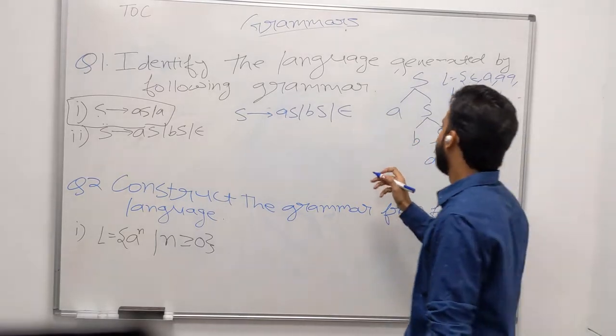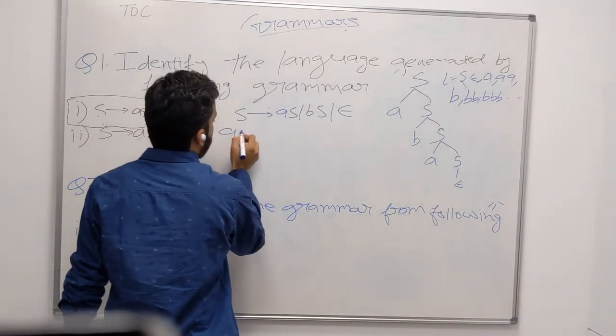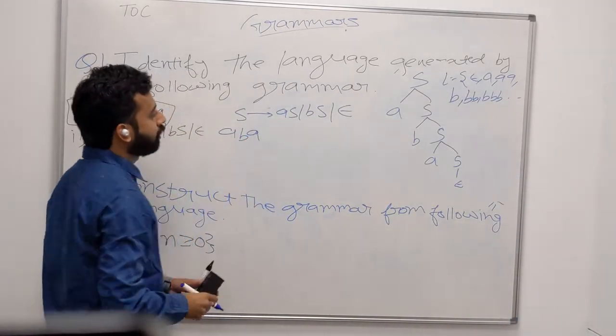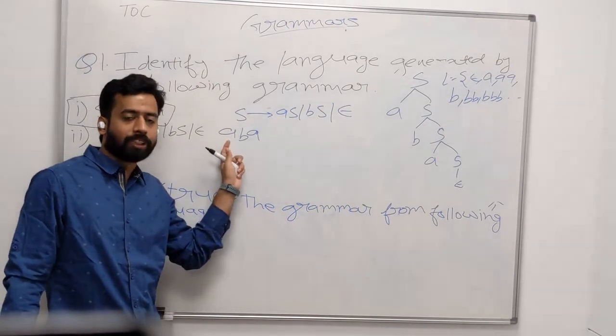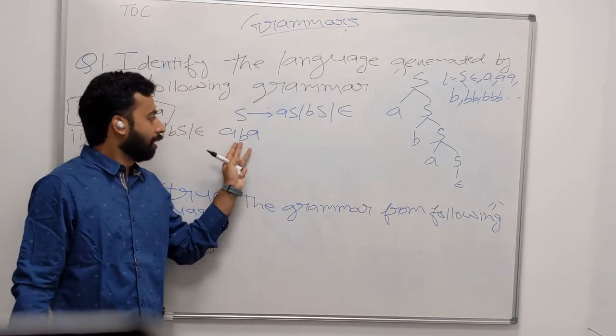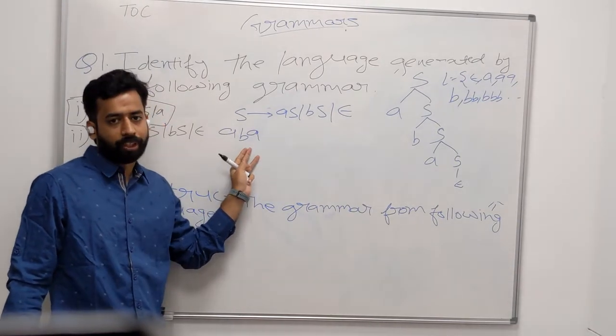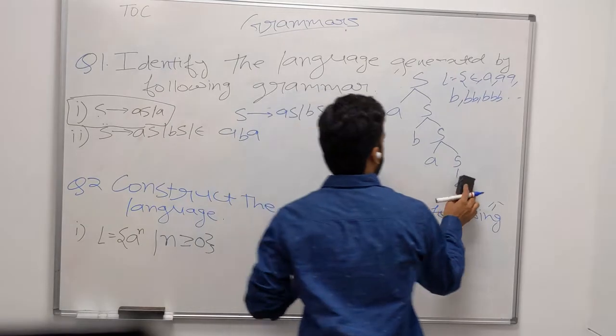So what I am getting is ABA. It means from this grammar we can also generate a string in which my first element is A and then B and then any combination of A, or we can also derive any combination of B.